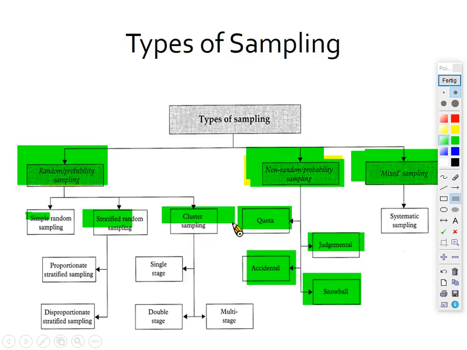That is, I divide the 4 years of students into 4 different categories. So I randomly select 10 students from first year, 10 from second year, 10 and 10 from third and fourth year students.